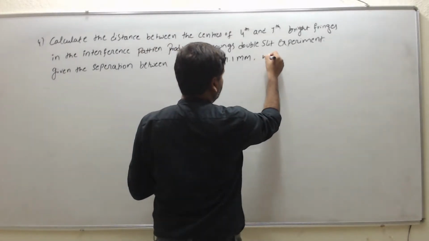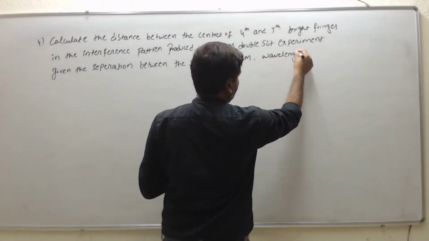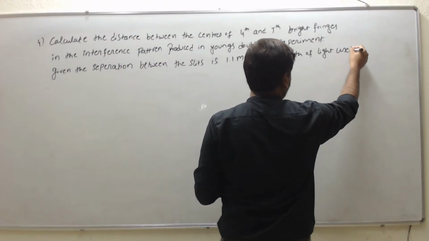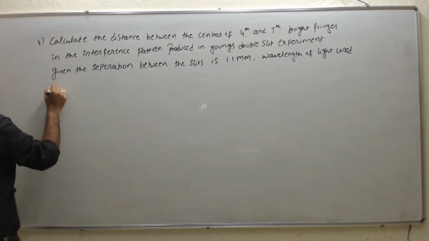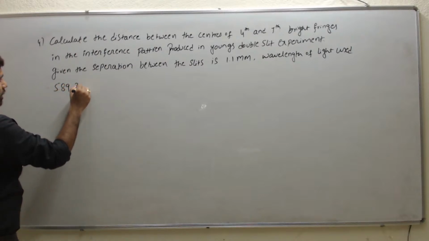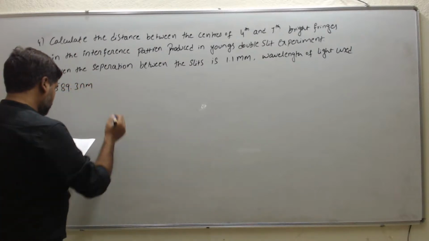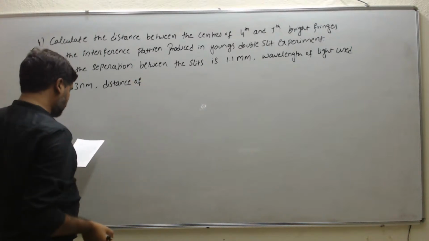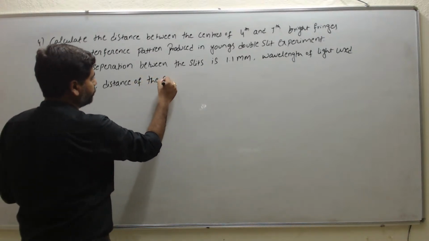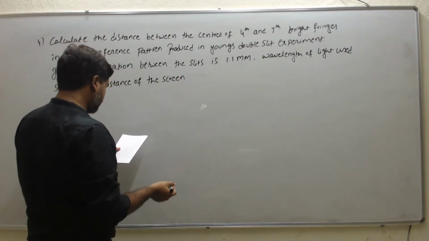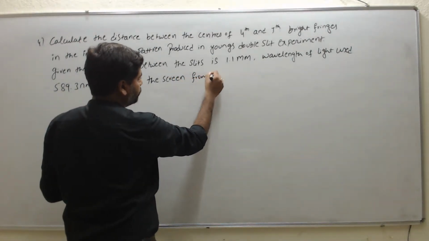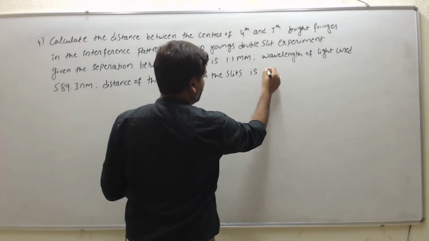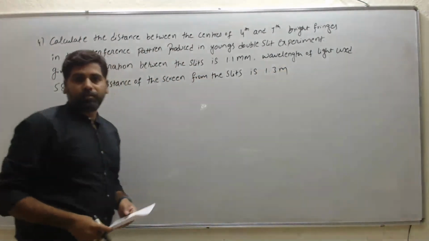Wavelength of light used is 589.3 nanometer. The distance of the screen from the slits is 1.3 meter, right?